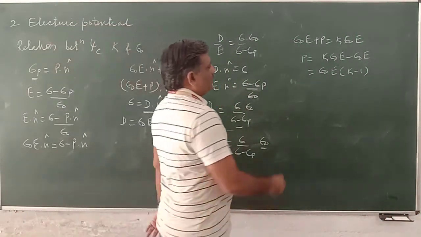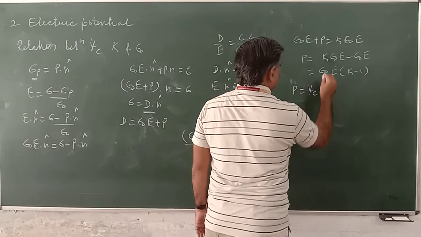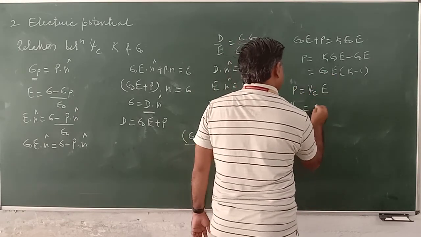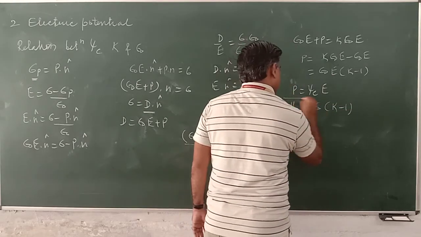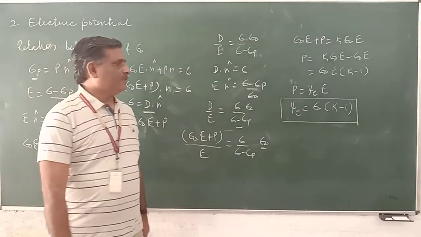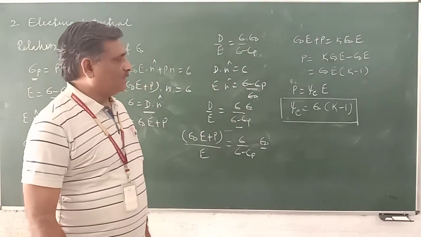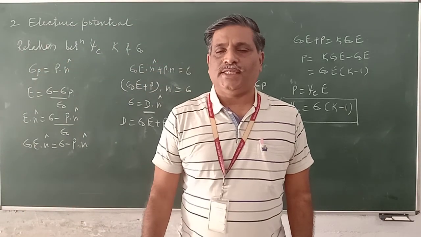Already we have seen P is equal to chi e into E. Comparing this, chi e is equal to epsilon 0 times K minus 1. This is the relation between chi and K. That's all for this topic. Thank you.